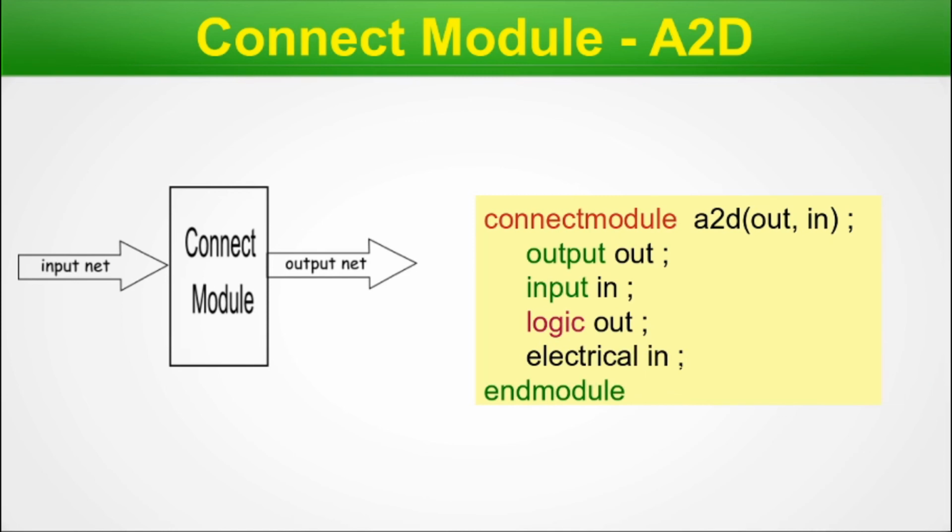By looking into the inside structure of the A2D connect module, we understand that whenever a signal is traversing from the analog side to the digital side, this connect module will help to balance the two things. So the input will be electrical, which is analog, and the output will be a logic.